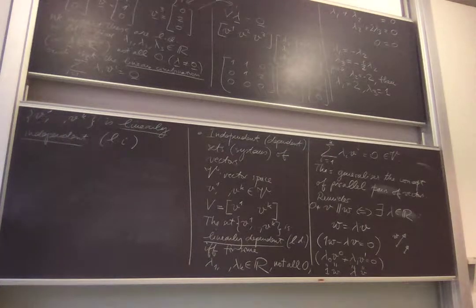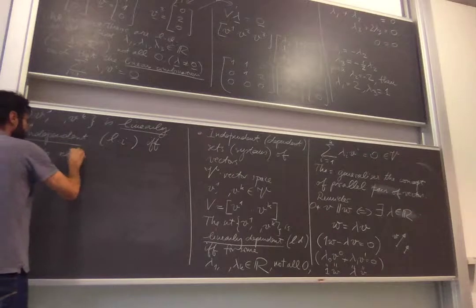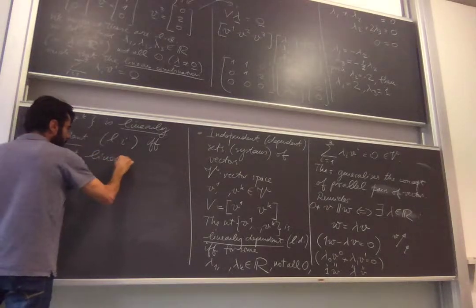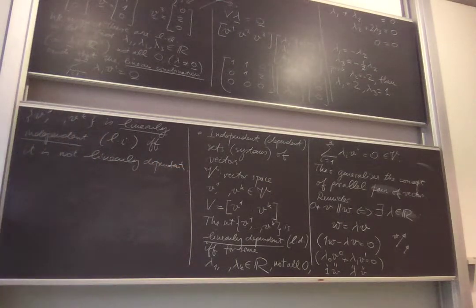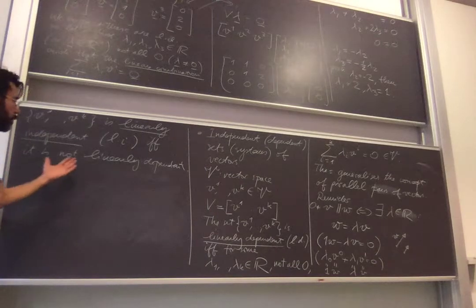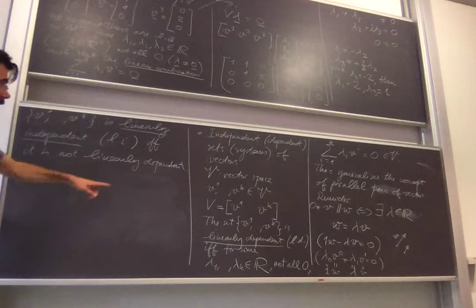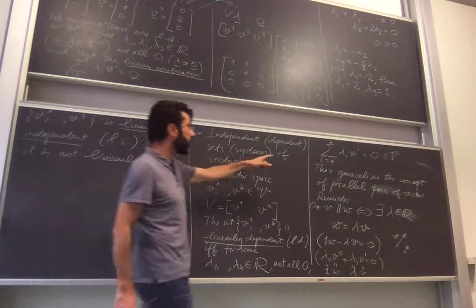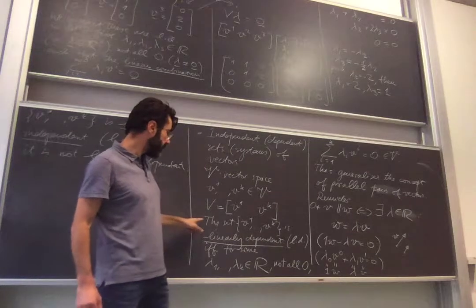If and only if it's not linearly dependent. It's kind of funny because it's not very useful unless I give some more explicit way of understanding not linearly dependent. So let's look at the definition of linearly dependent, which is this one here plus everything that's coming before, so the whole sentence.